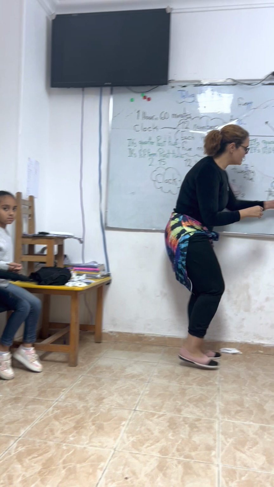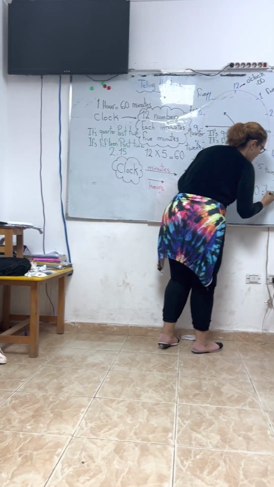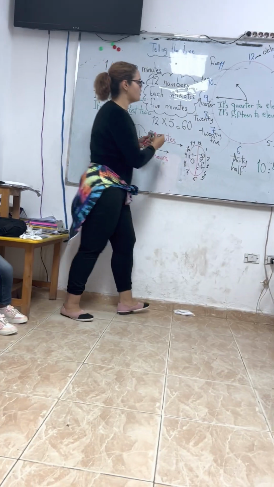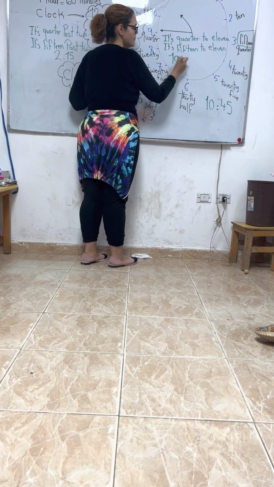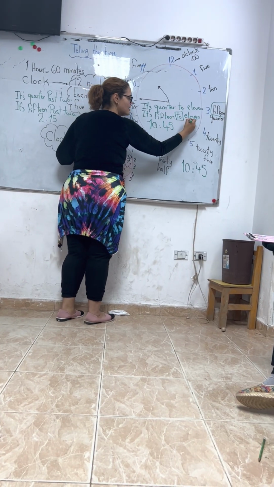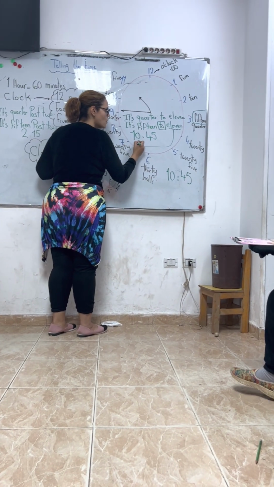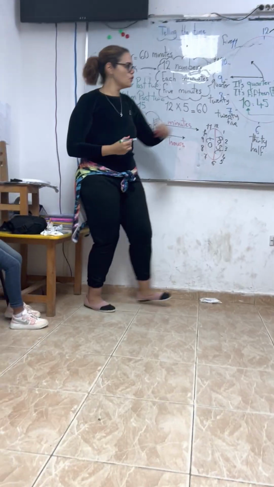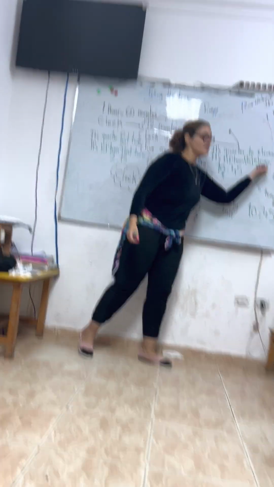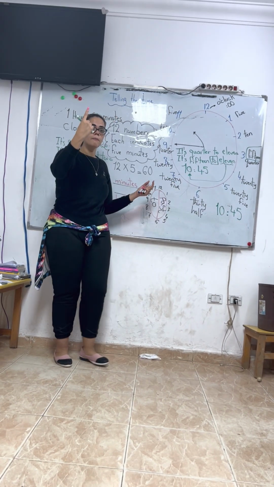So we write 10, and beside 10 we write 45. So it's going to be 10:45. When I use 'to' and write it in digits, I decrease this number by 1.